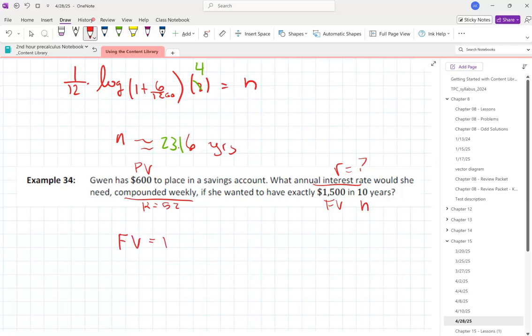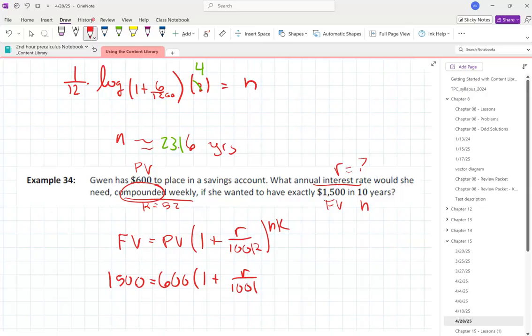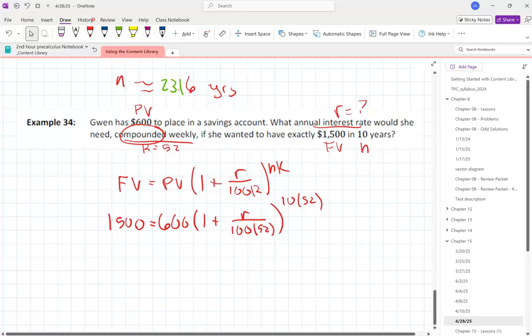So again, I know it's compound interest because it says compounded in it. So I fill this stuff in. So far, so good.